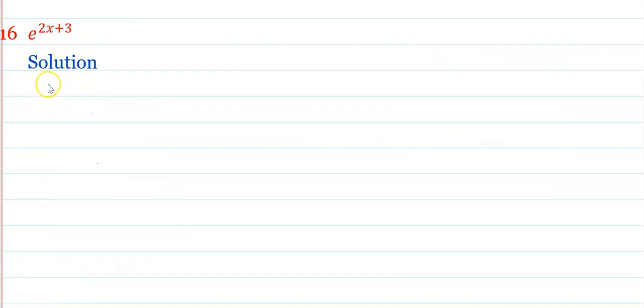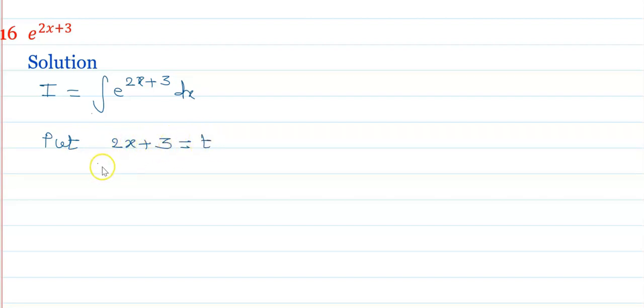Next example is I is equal to integral e raised to 2x plus 3 into dx. Put 2x plus 3 is equal to t, and therefore 2 into dx is equal to dt.